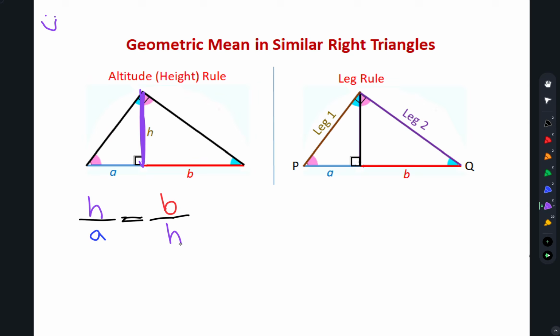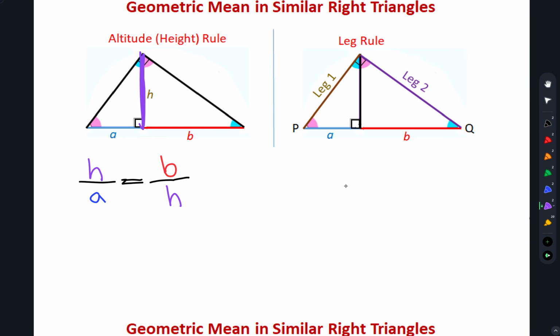That's our standard proportion, right? It is a rule that when we cross multiply, we're going to get h squared equals a times b. And then we can square root and get h equals the square root of a times b.